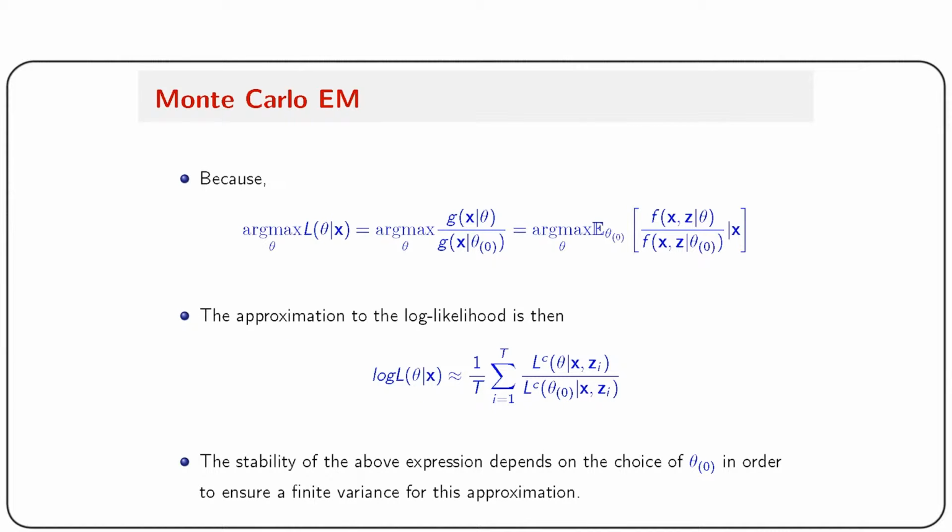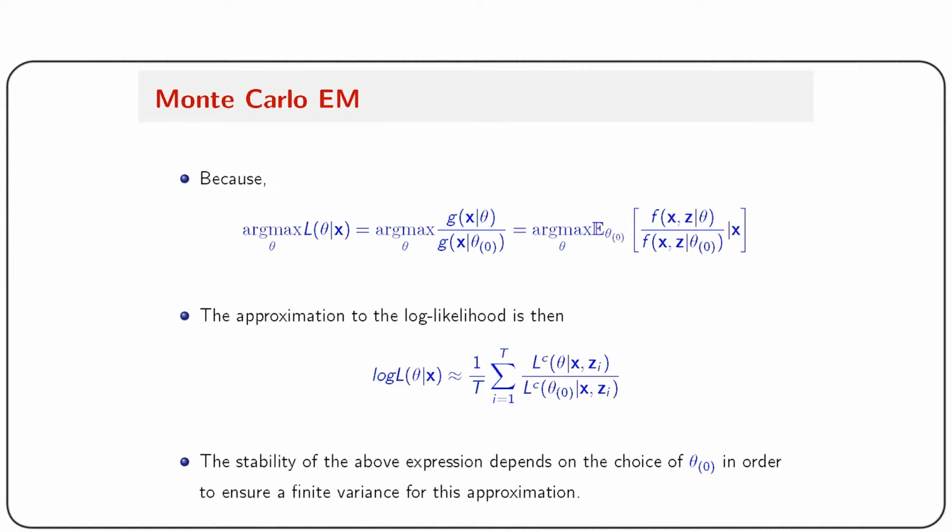Because the argmax, the maximizer of the likelihood over theta, can be expressed as the argmax over theta of g(x given theta) by g(x given theta naught). That is actually the argmax of the expectation over f(x, z given theta naught)... of f(x, z given theta) by f(x, z given theta naught), given x.